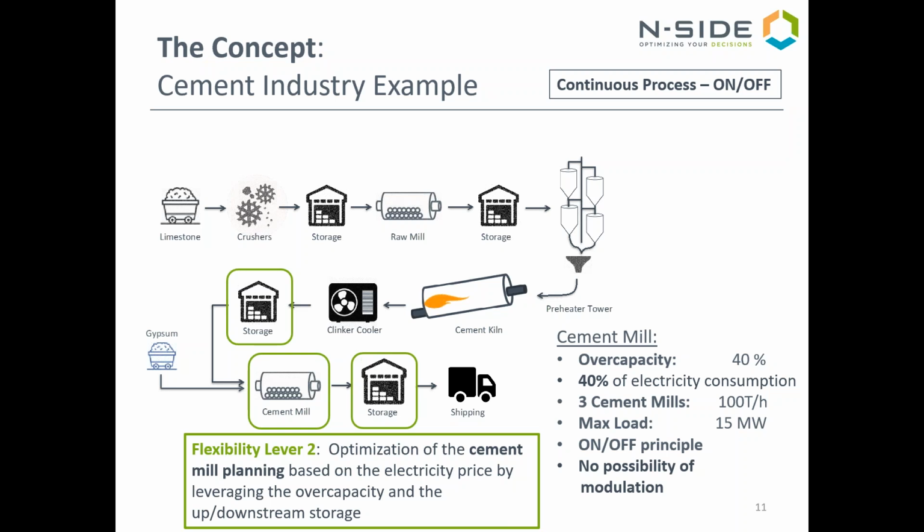So this is really a promising industry. Regarding the maximum load, we are here around 15 megawatts, and again, not possible to modulate, but only to turn the machines off and on. So again, we will optimize the cement mill planning based on these electricity prices.